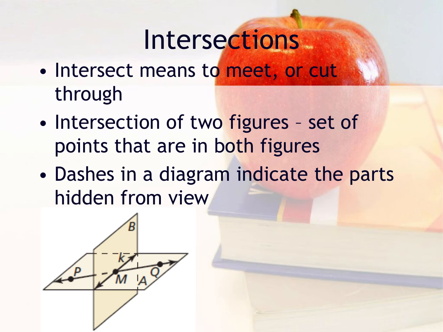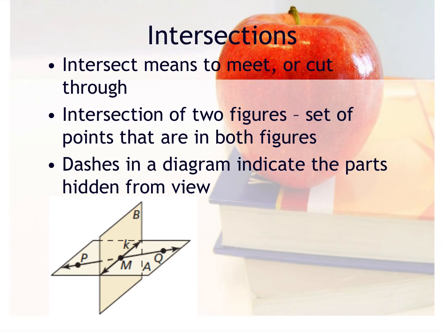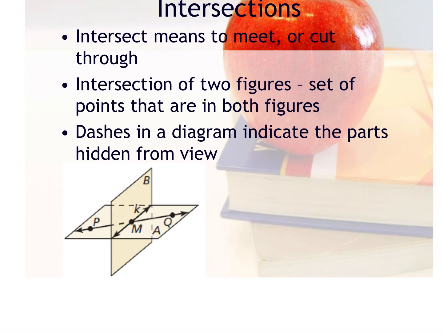So in geometry, when two lines meet or two planes meet, it's where they intersect, it's where they meet. So the intersection of two figures is going to be the set of points that are in both figures. So for example, if I have two lines and I intersect them, the points that are in both figures would be the intersection. So notice two lines are always going to intersect in one point.